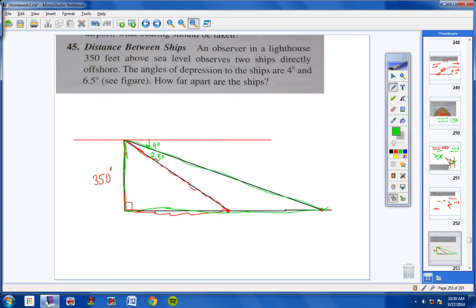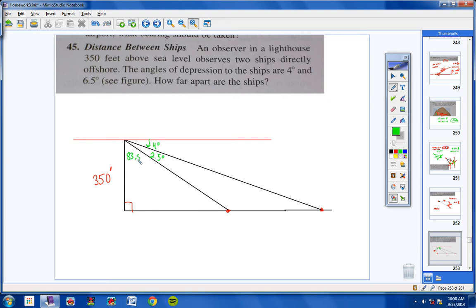Now, I'm not for sure, but I think it'd be helpful if I went ahead and found this angle right here. Now remember, students, this whole angle from here to here is a right angle. So if this is 4 and this is 2.5, the whole angle is 6.5. So I'm going to take 90 degrees real quick, and I'm going to subtract 6.5, and I'm going to get 83.5 for this angle here.